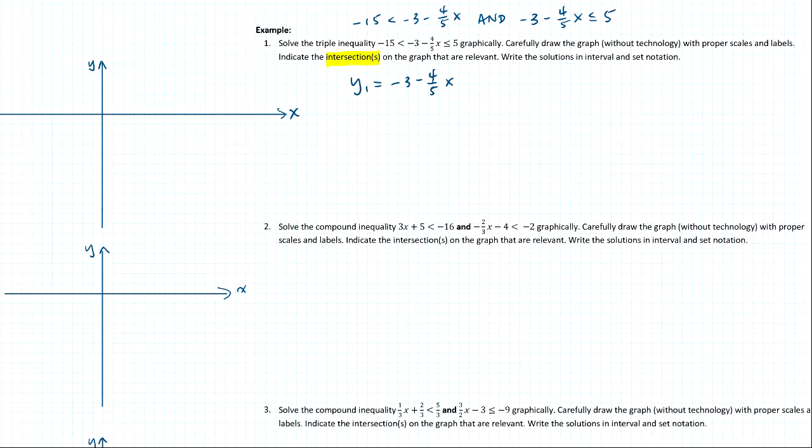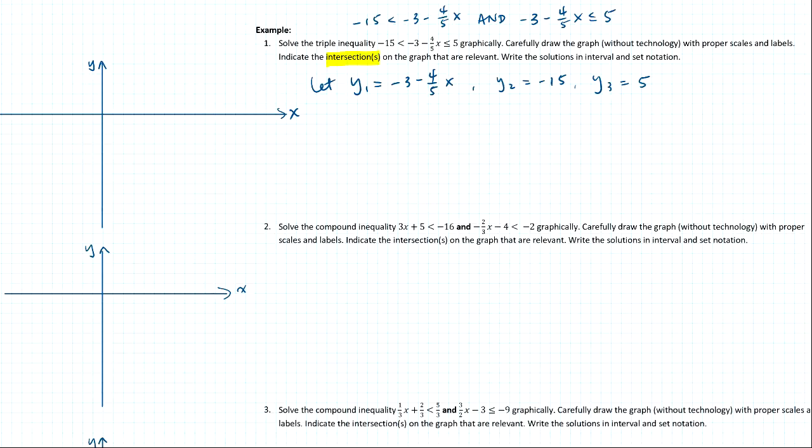And when I label it this way, that means I'm going to graph this equation on the coordinate plane. And in addition, I know that y1 is bounded between negative 15 and 5. So I can also just let y2 be equal to negative 15 and y3 be equal to 5. That way we can be clear that these restrictions are referring to the y values. That's what we're paying attention to.